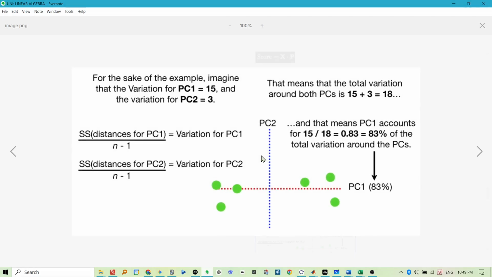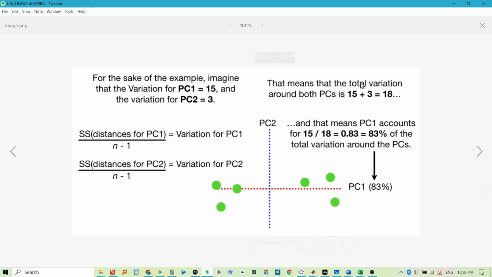And because it is the same as variation, we can use eigenvalues to calculate how much information we have lost. For the sake of the example, imagine that the variation for PC1 is 15 and the variation for PC2 is 3.